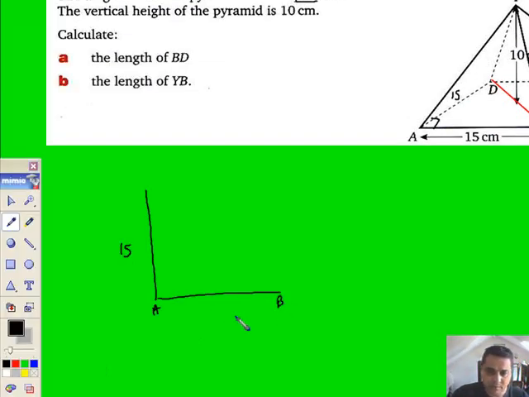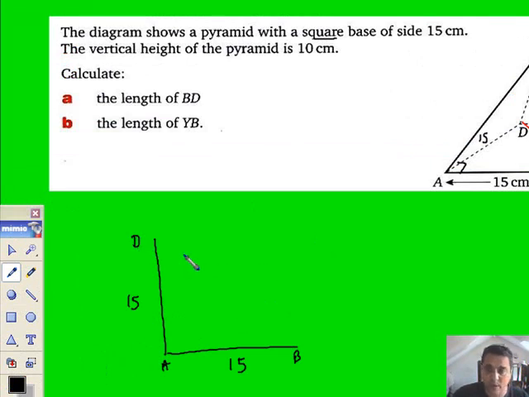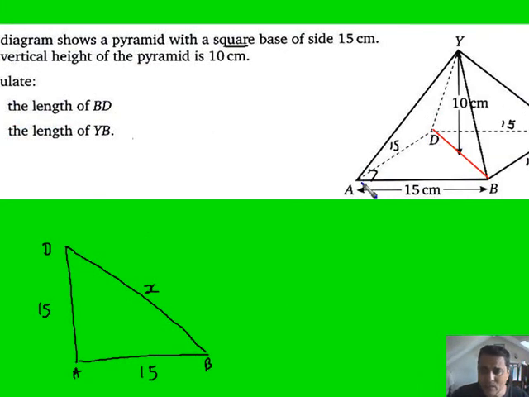I've got A, B, that's 15. We're given that in the question. I've got A to D being also 15 because it's a square, and I've got the length that they want me to get, which is clearly a hypotenuse, called DB. So we can call that X, can't we? So there we go. A to D, A to B, 15, 15, and let's work out the hypotenuse, and that's the length BD or DB.